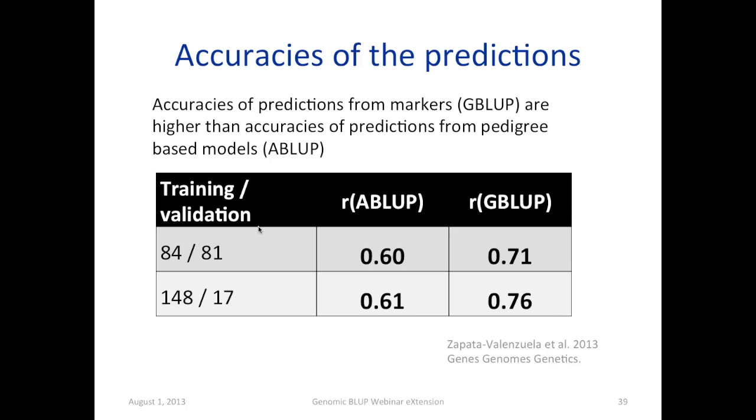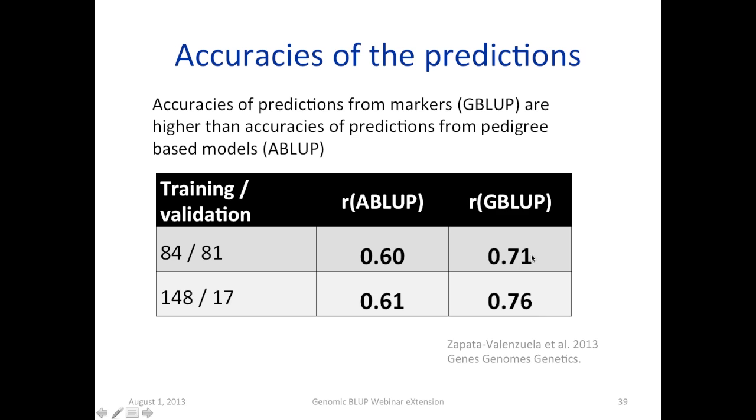So this shows accuracy of predictions from genomic BLUP, and predictions from traditional genetic evaluation, or ABLUP, we call it. Here in that paper published by Zapata Valenzuela, they split the population into training and validation, 2 different scenarios, and then looked at the correlations between predictions from ABLUP and GBLUP.